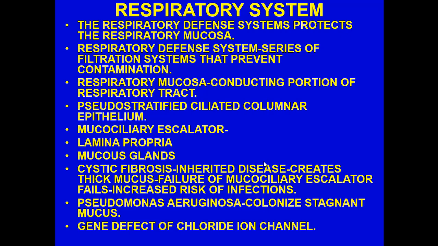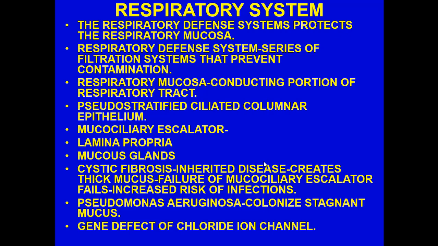Now, in this respiratory mucosa, you have pseudostratified ciliated columnar epithelium. Sounds like a mouthful, but it's very important. We have what is called the mucociliary escalator. We have the lamina propria, which is the underlying basement membrane, and then the mucus glands.